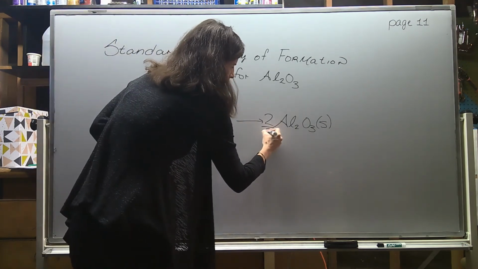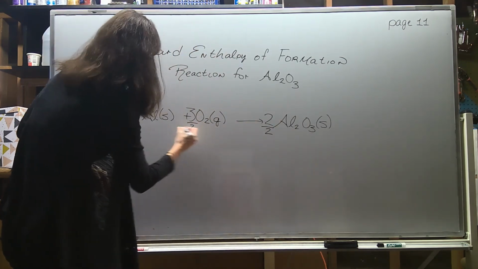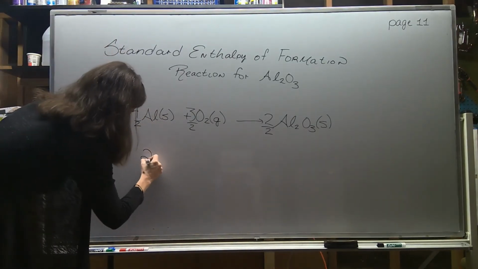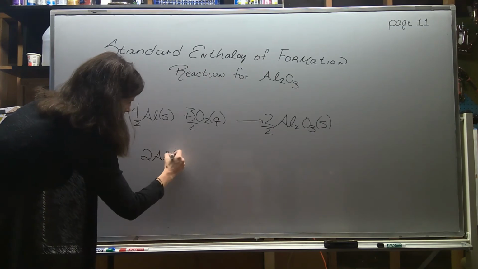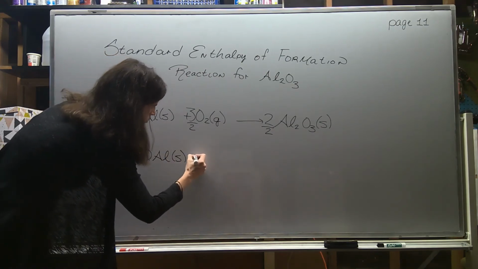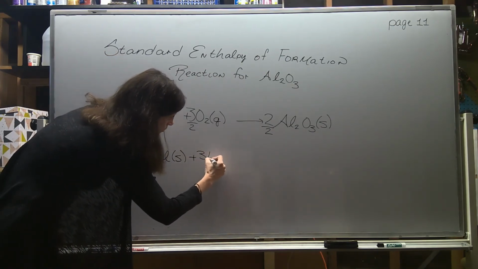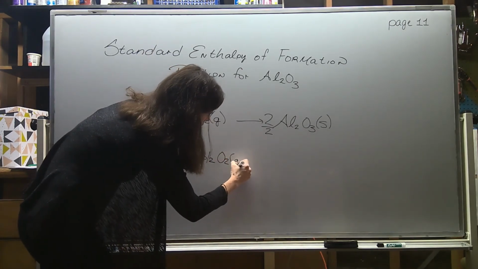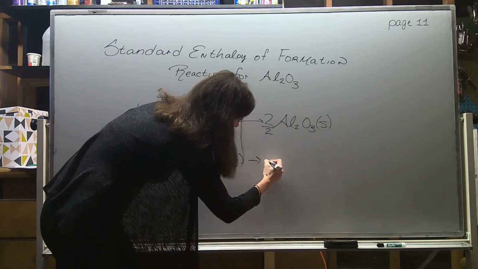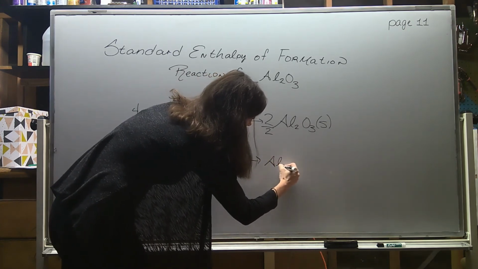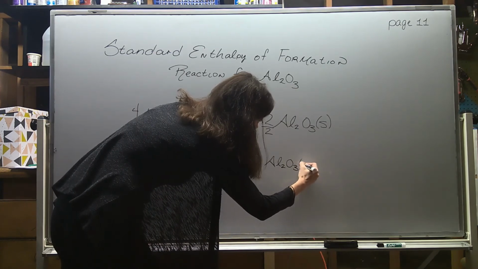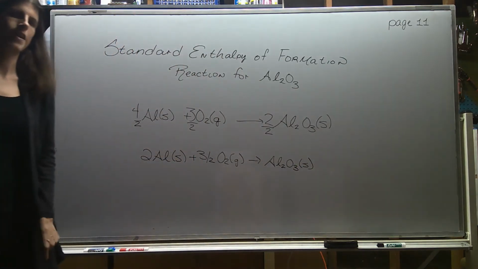So let's divide all of the coefficients by 2. So 4 halves. So when I rewrite this, I'm looking at 2 moles of solid aluminum, 3 halves moles of oxygen gas, going to form 1 mole of solid aluminum oxide. And then that would be your final answer for that one.